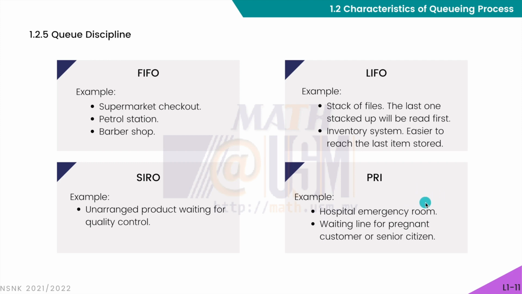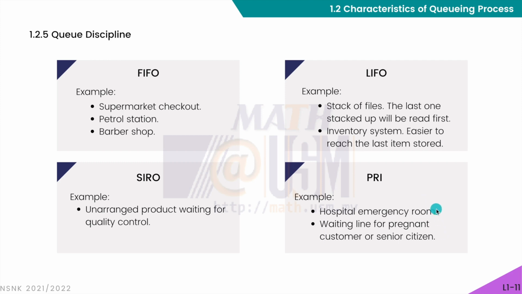For non-preemptive, the customer with the highest priority just goes to the head of the queue, but has to wait until the current customer being served by the server completes the service process. So those are the differences.